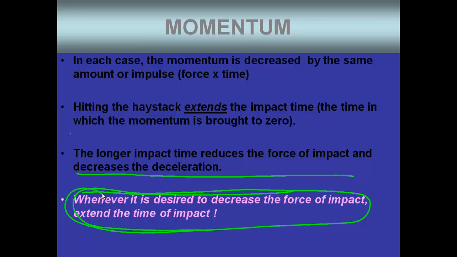So think about this. You're driving a car. You have a passenger in the passenger seat. Both of you have the same mass. So if you're going the same velocity and you both get in a car accident, you're both going to have the same impulse, the same change of momentum. You're both going to come to a stop. However, the driver's seat is going to have an airbag that comes out. So the time of impact on the driver, is it larger or smaller than the passenger?